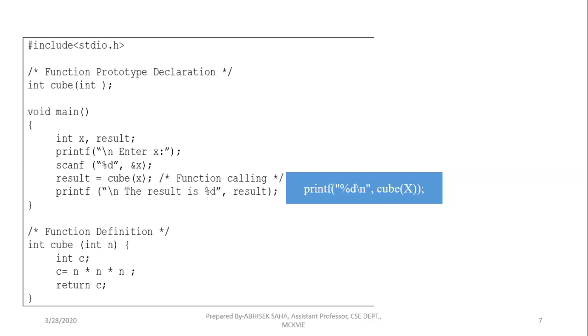Then we started the definition. We started to give the definition of the cube function. Another question may arise. Should I always define this function after main function? Answer is no. You may define your function before main also.